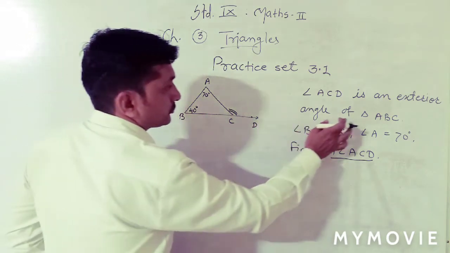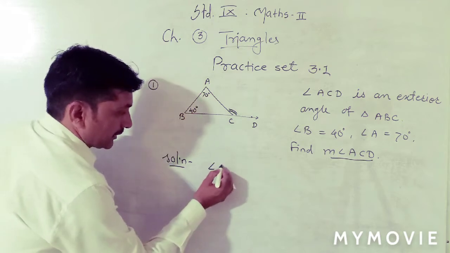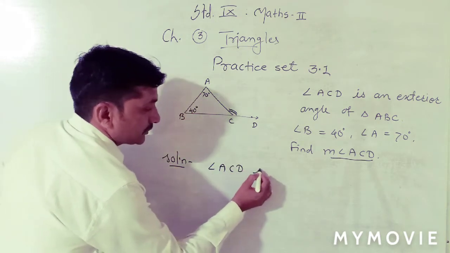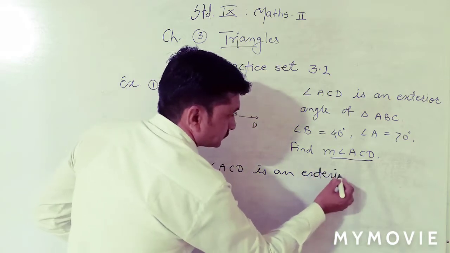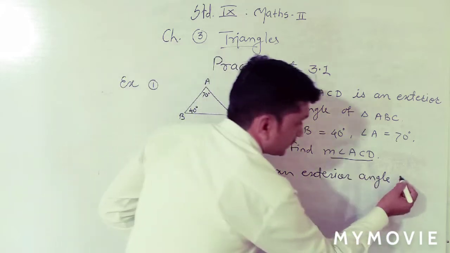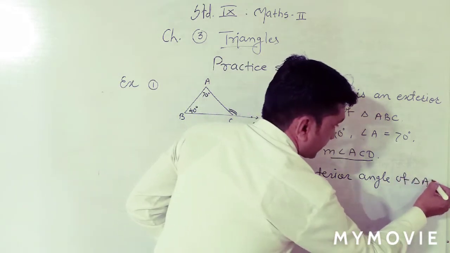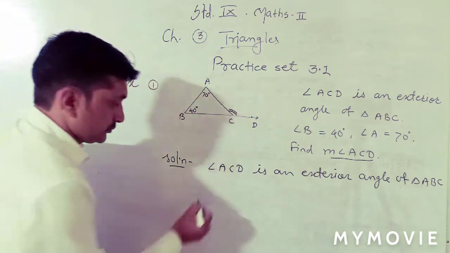First of all, we will write this statement. Angle ACD is an exterior angle of triangle ABC. And now the remote interior angles theorem.